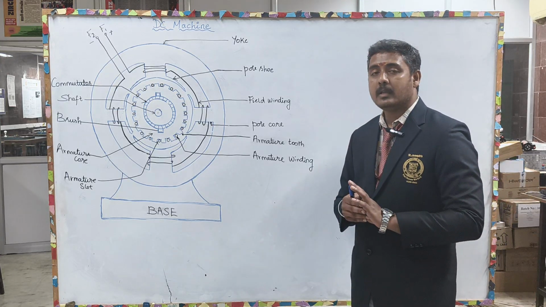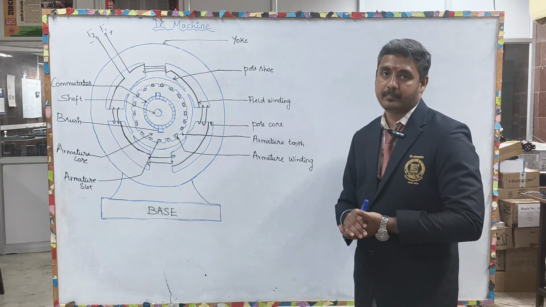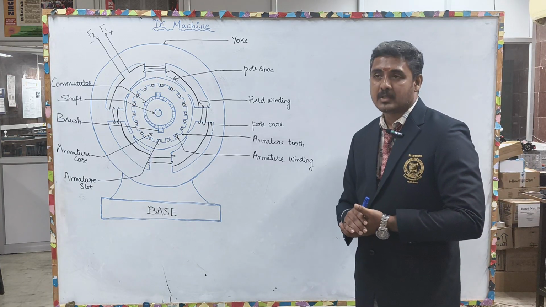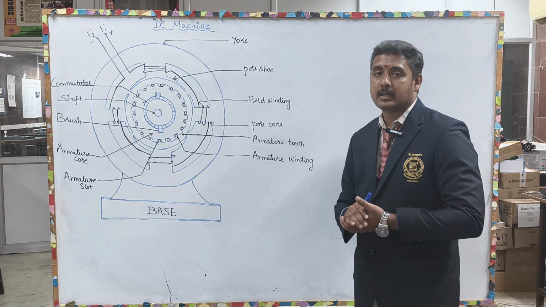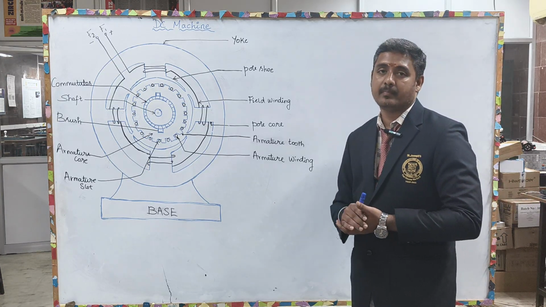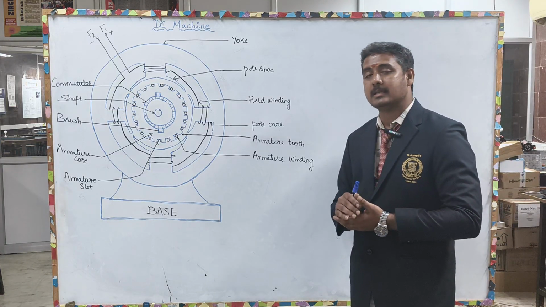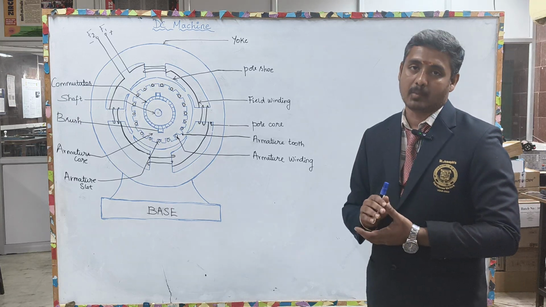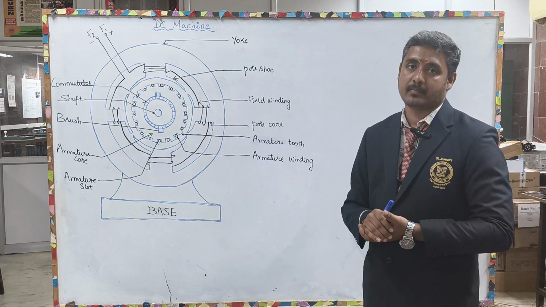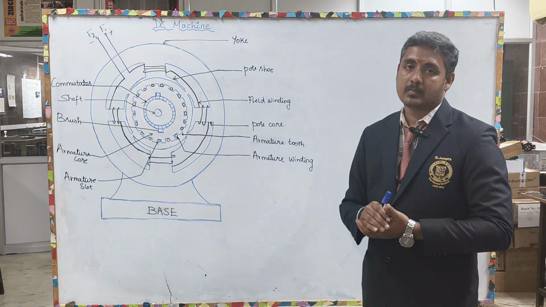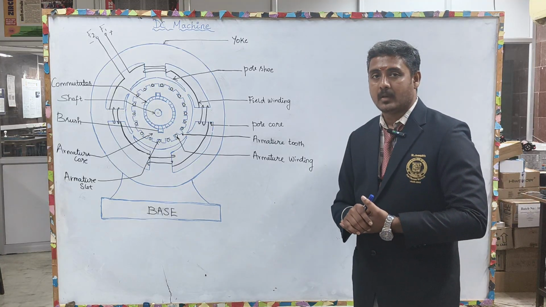Now initially first you have to know what is a machine. Here in this DC machine you can operate the DC machine as a DC generator or a DC motor. That is, here the energy conversion happens, that is, one form of energy is converted to another form of energy.